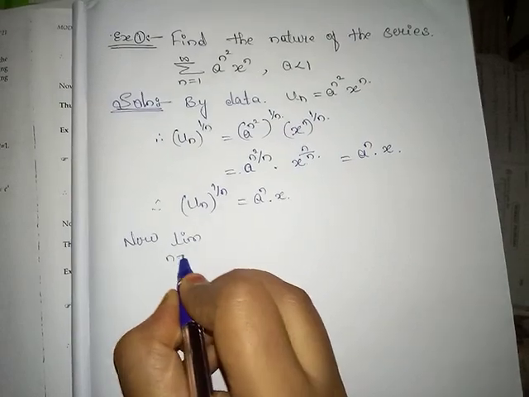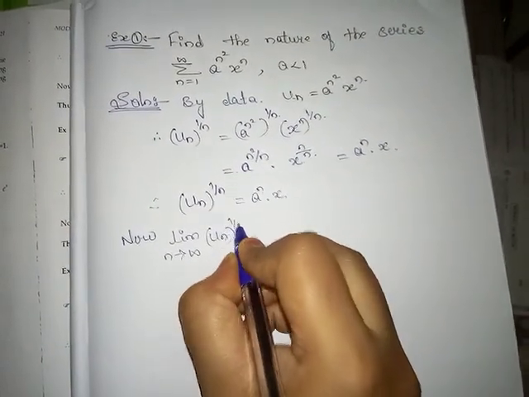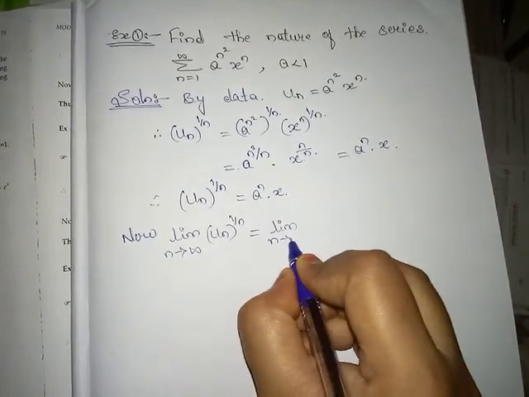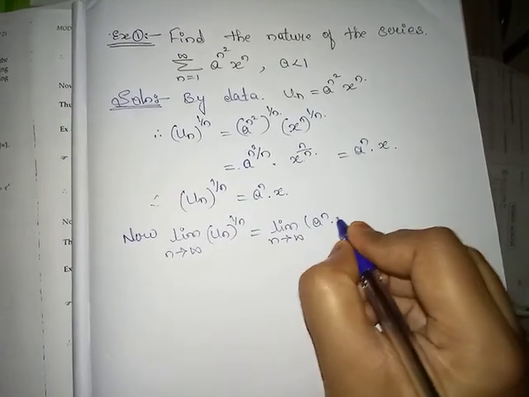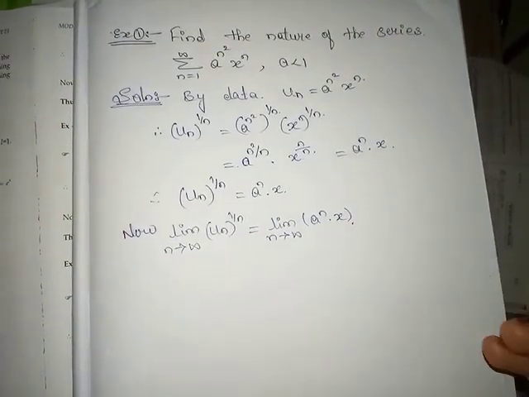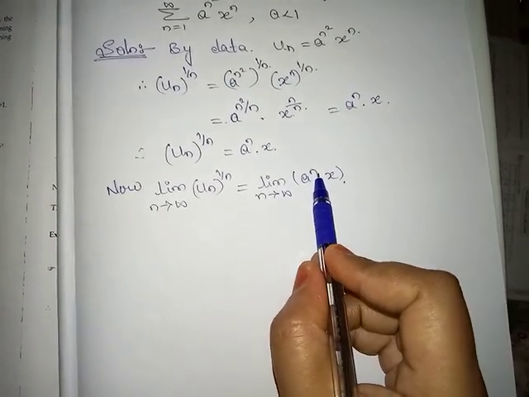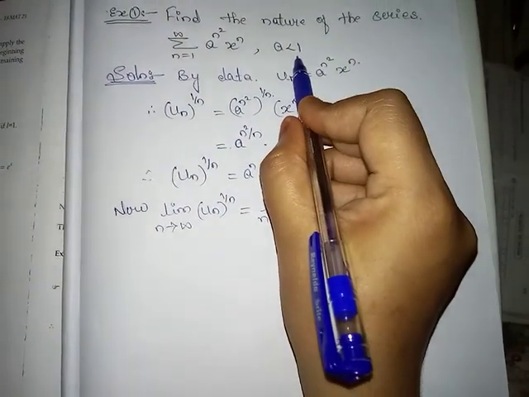Limit n tends to infinity un raised to 1 by n is equal to limit n tends to infinity a raised to n into x. Here we have to apply n as infinity, and we know that this a value is less than 1.